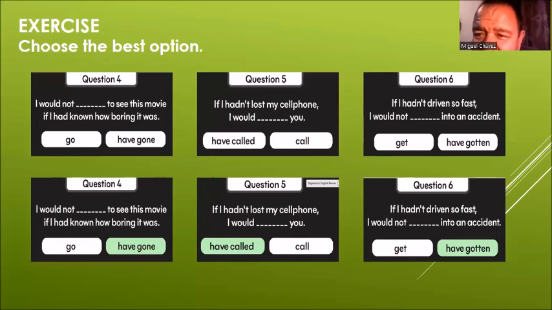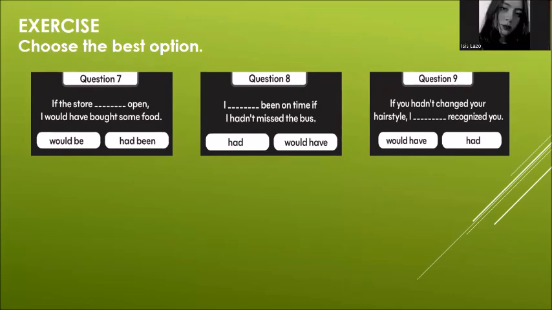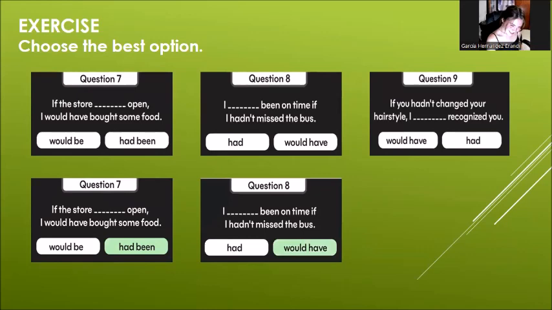Have gotten. Thank you, Mayrani. Isis, can you help us with number 7? If the store had been open, I would have bought some food. Had been. Thank you. Erandi, number 8, please. I would have been on time if I hadn't missed the bus. I would have. Thank you.